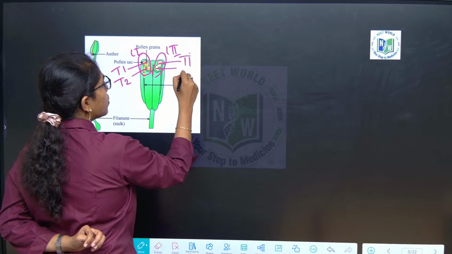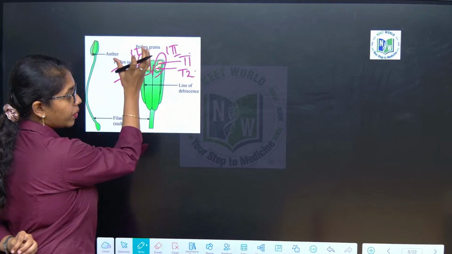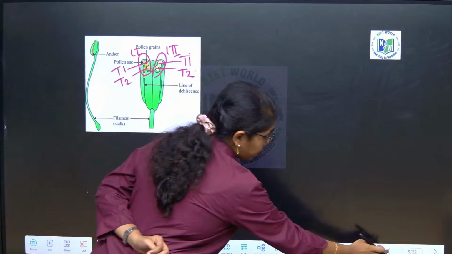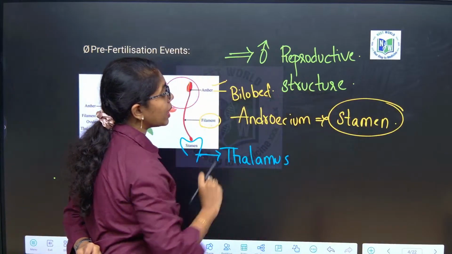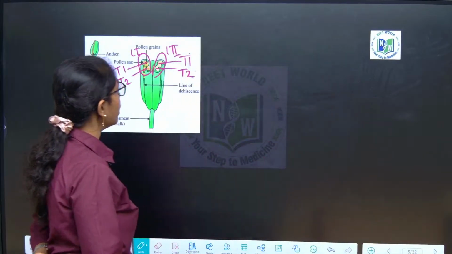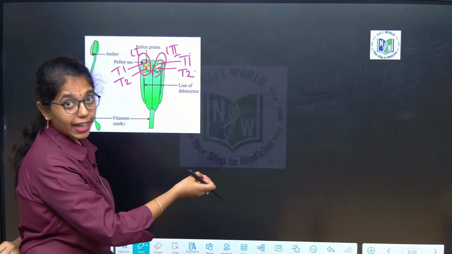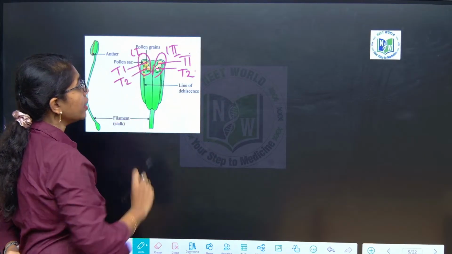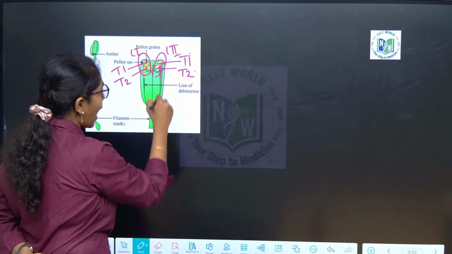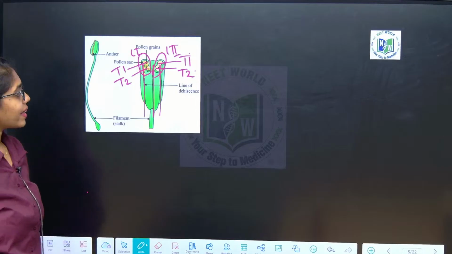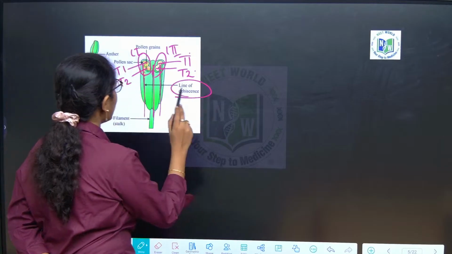So the male reproductive structure is the stamen, whose terminal or distal part has the anther. This anther is bilobed, each lobe has two theca, and it has a longitudinal dehiscence line. We will call it the line of dehiscence.